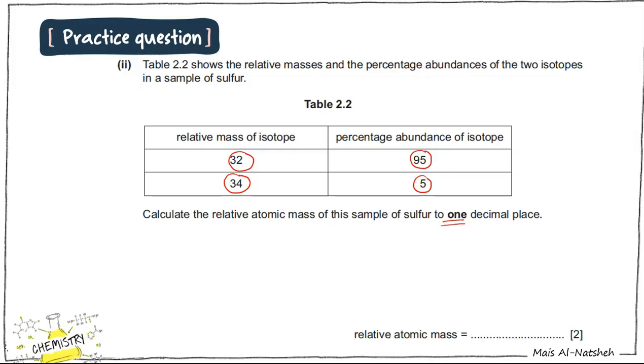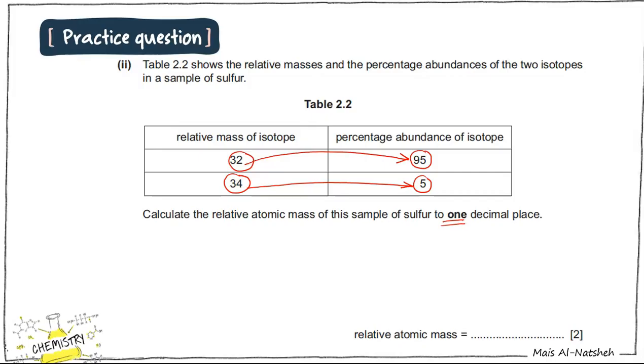What should I do? I have to take the mass of the first isotope and multiply it by its abundance. So you will say 32 times 95 plus 34, which is the mass of the second isotope, times 5, which is the abundance of the second isotope.